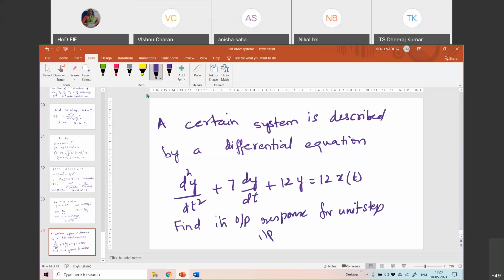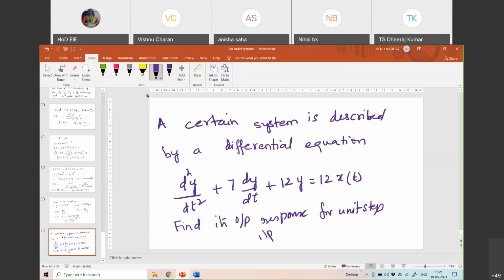A differential equation describes a system. So find the output response for unit step input. So y of s you have to find out, okay, and you have to take the input as a step input. For that, what will be the thing? Apply partial fractions, then find the y of s and take the inverse Laplace transform of y of s.